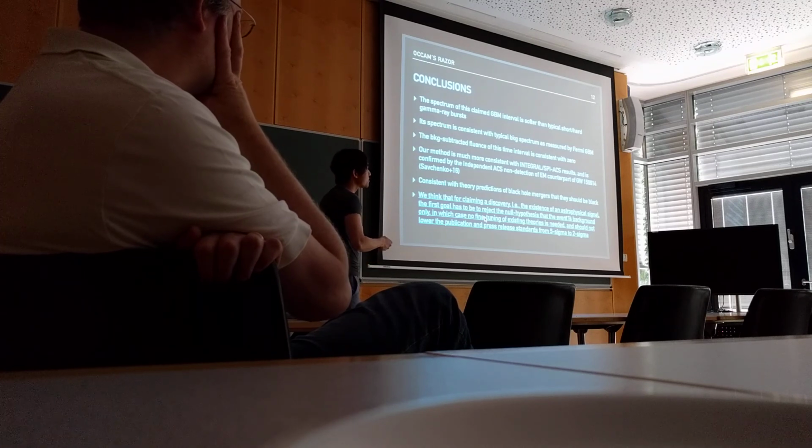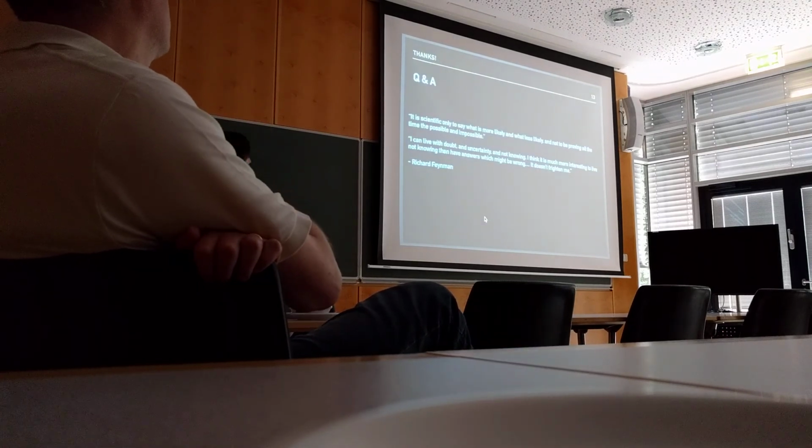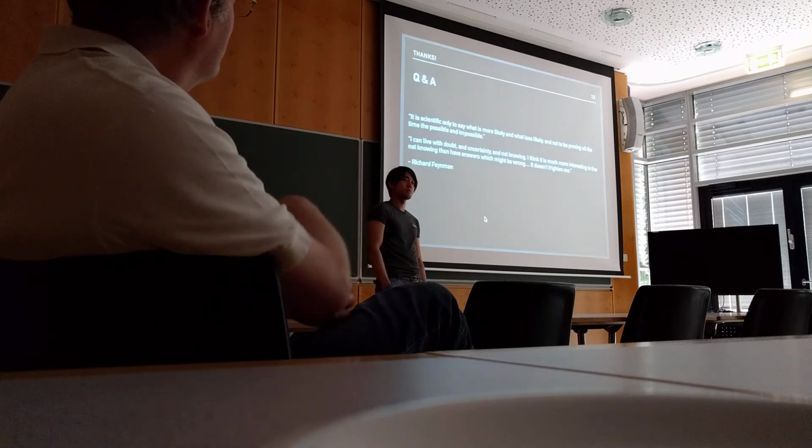If it is only background, then we don't have to fine-tune any existing models, and we do not have to lower our publication and press release standard from 5 sigma to 2 sigma. Right? So I'm happy to take any questions here, and I leave my 2 favorite quotes from the finale here. Thank you.